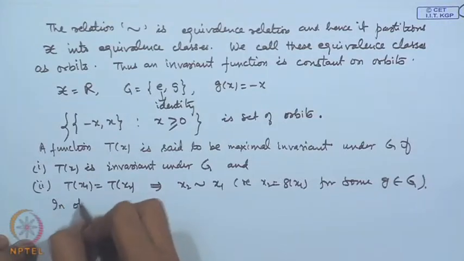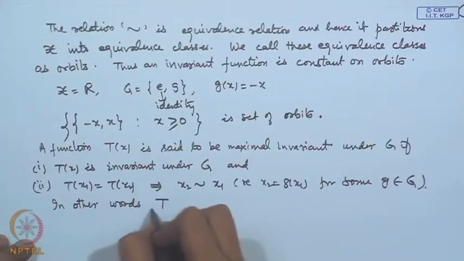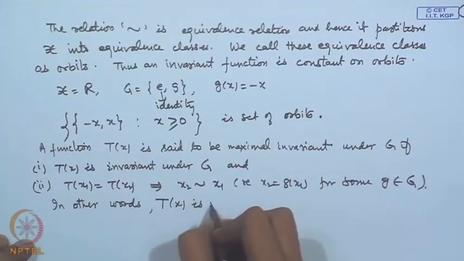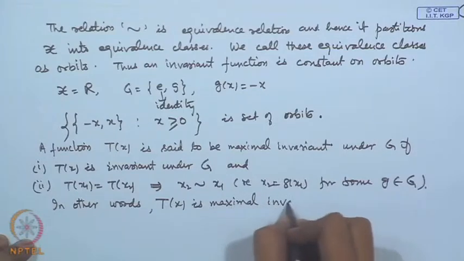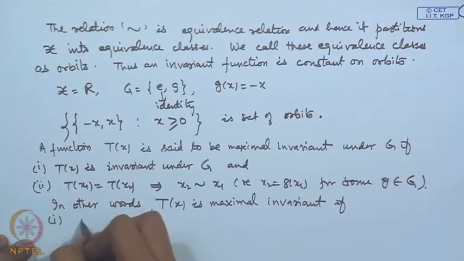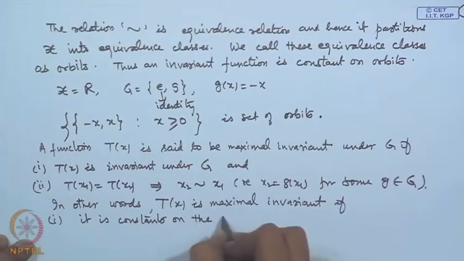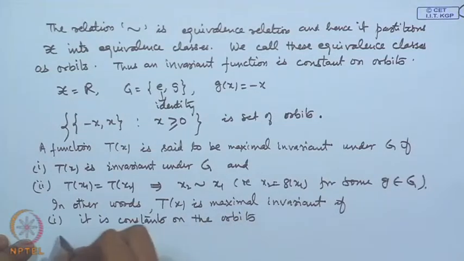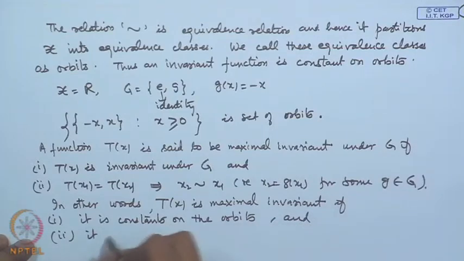In other words, we can say that T(x) is maximal invariant if it is constant on the orbits, and secondly, it takes different values on different orbits.